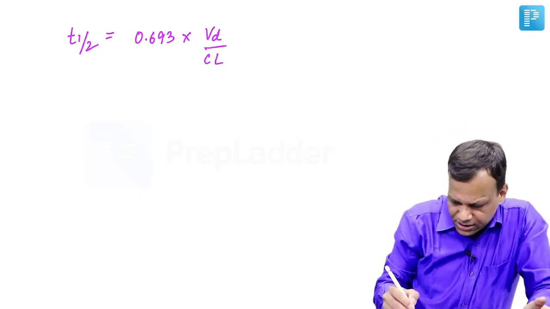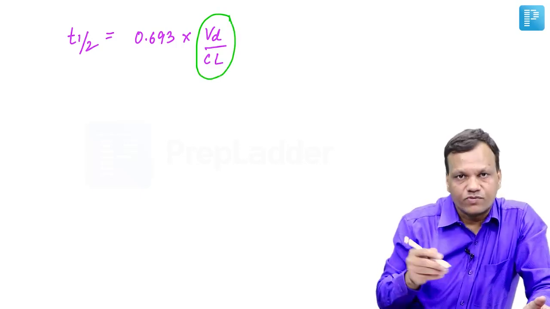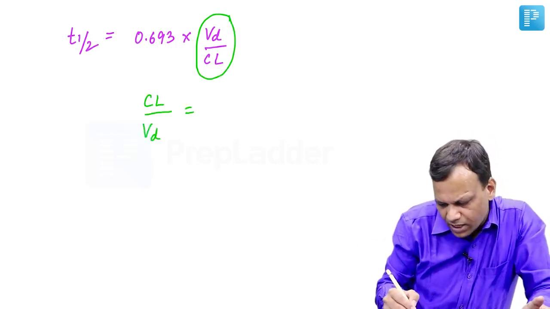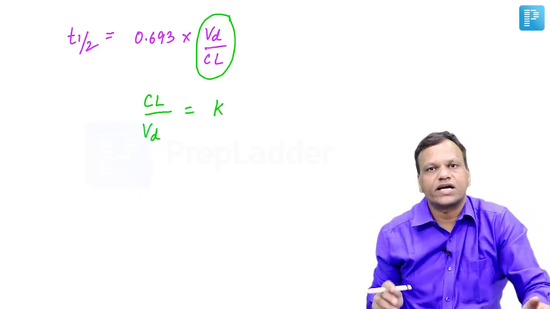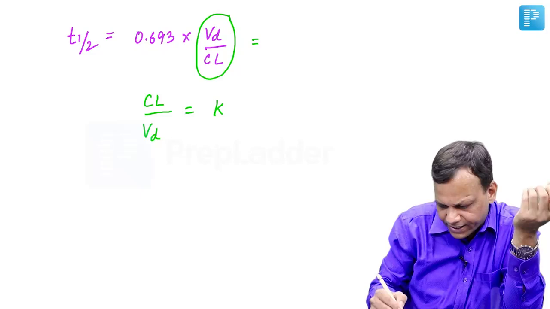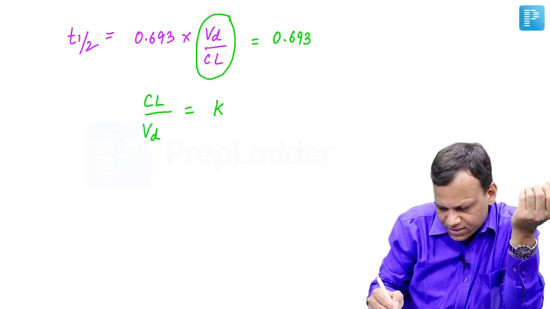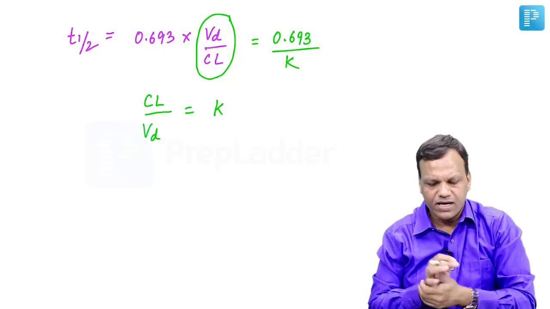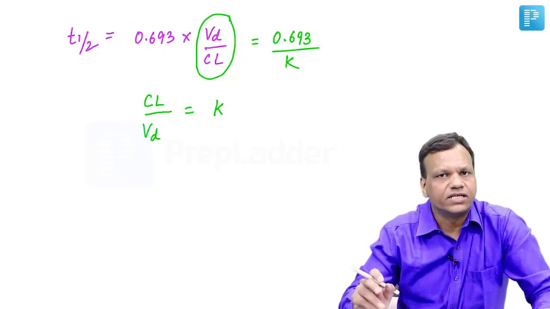Now, if we make this opposite, clearance divided by volume of distribution, this is known as elimination rate constant or K. Clear? So the formula of half-life becomes 0.693 divided by K. Sometimes the value of K is given, then you can calculate the half-life of the drug.